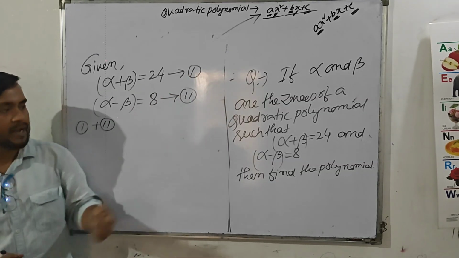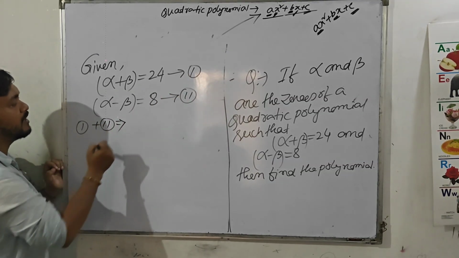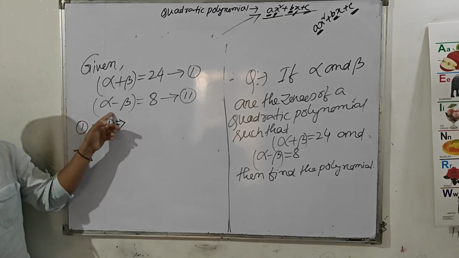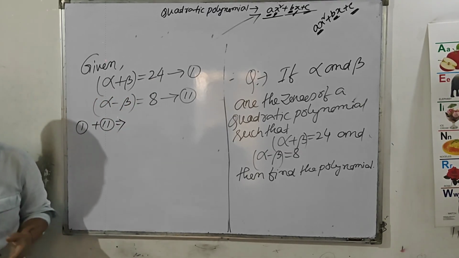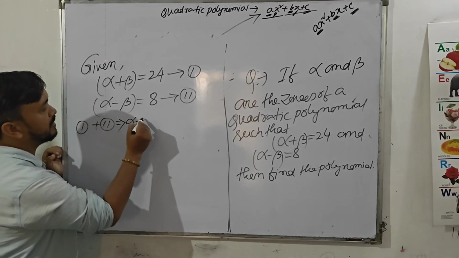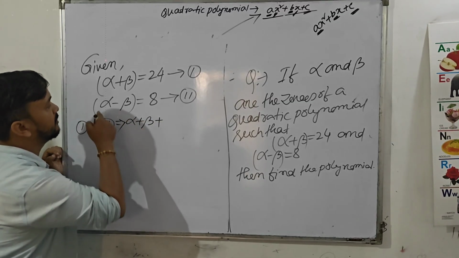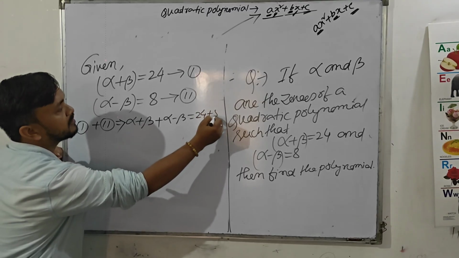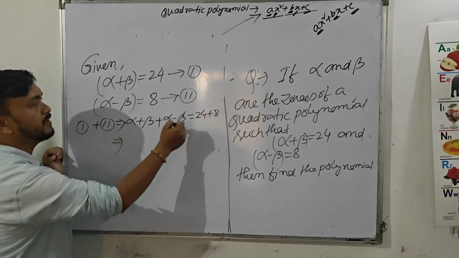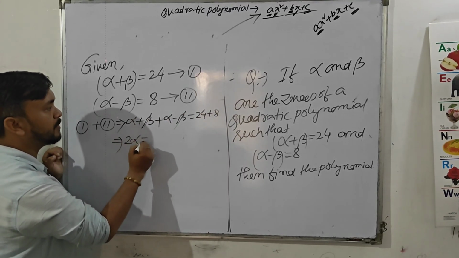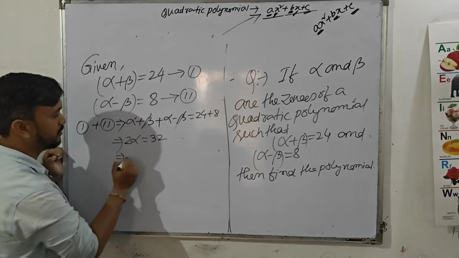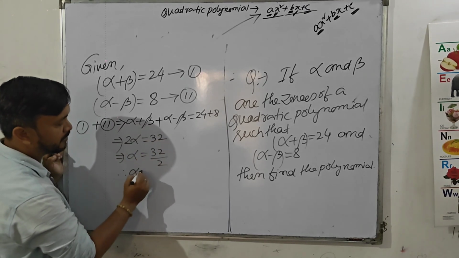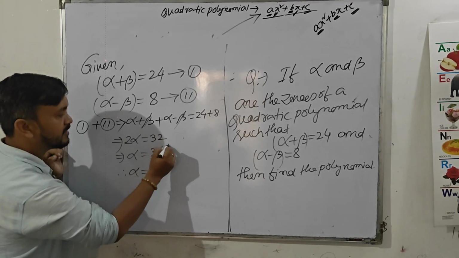See, two equations are given. I have assigned them as equation 1 and 2. Now I need to add both of the equations. While adding, add the left hand side to the left hand side and the right hand side to the right hand side. So alpha plus beta, here alpha minus beta, this is 24, this is 8. So beta and beta will be cancelled, twice alpha will be 32. So 32 divided by 2, finally alpha is 16.